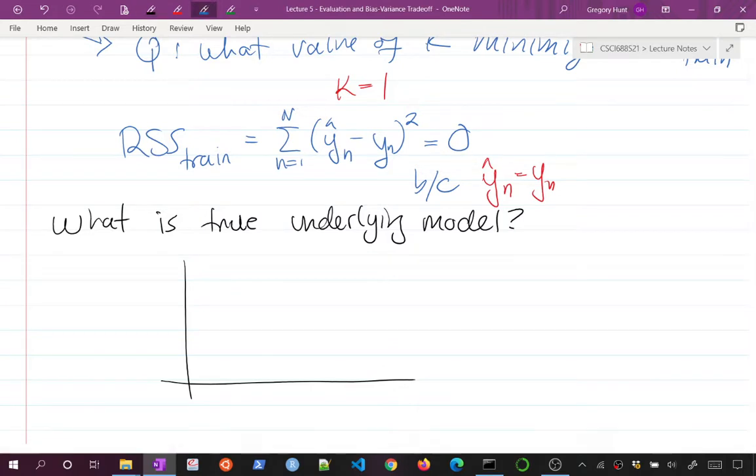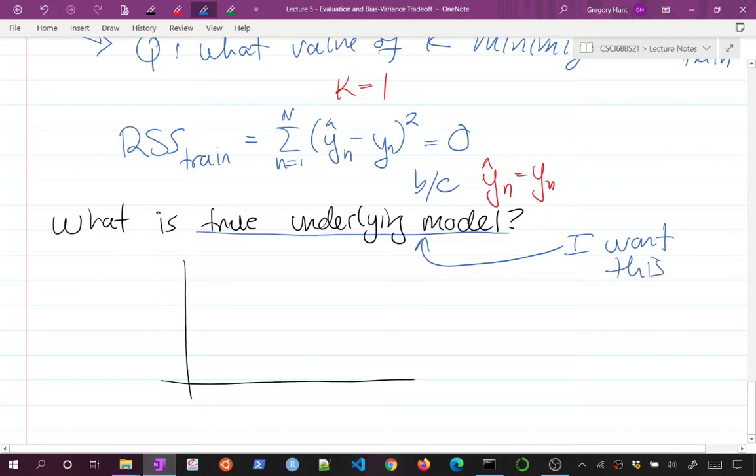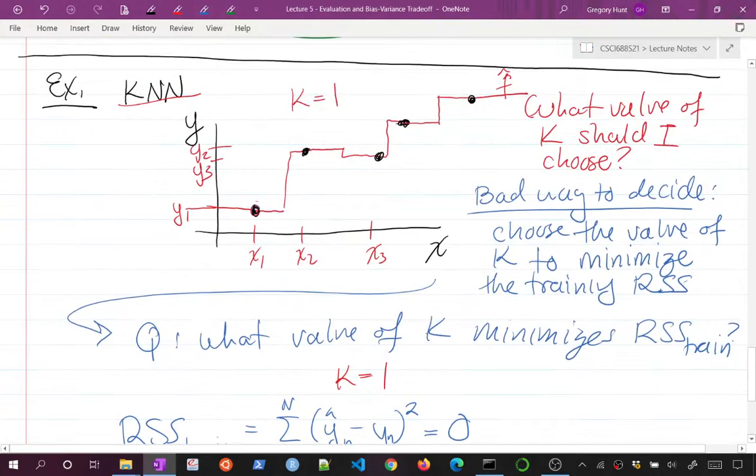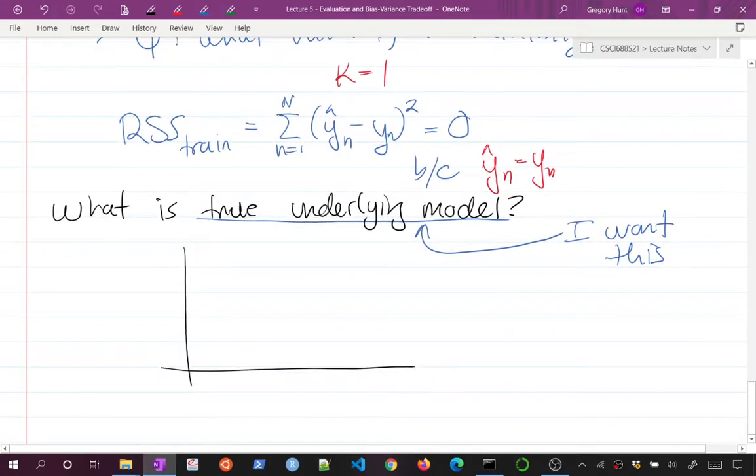This is what I want to capture. I want to capture what the true non-random part of the model is, the true relationship. I don't want to just be interpolating a particular instance of it, because this particular instance contains noise. Maybe my true relationship is linear.